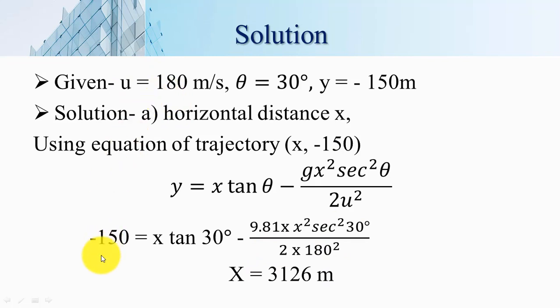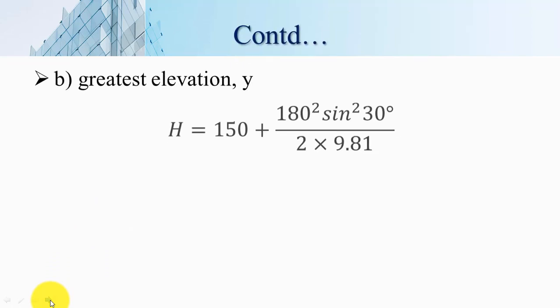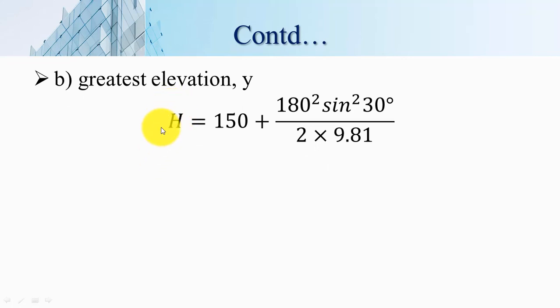The second question asked us to find the greatest elevation above the ground level. To find it, we will use the equation for y max, the maximum height. But when the maximum height equation u square sine square theta upon 2g was derived, it was taken from the line of projection.